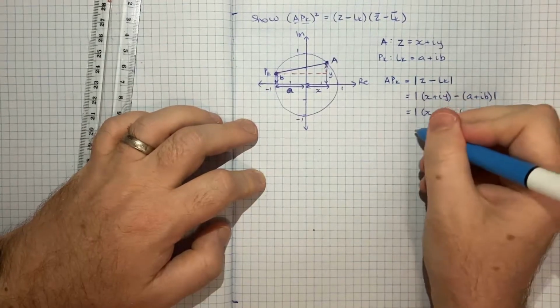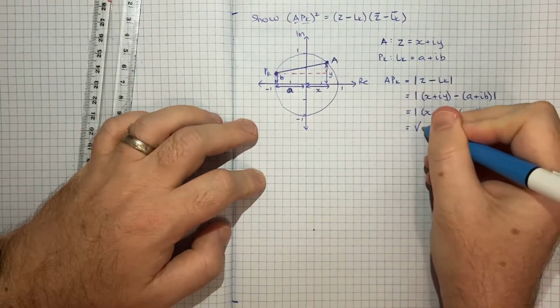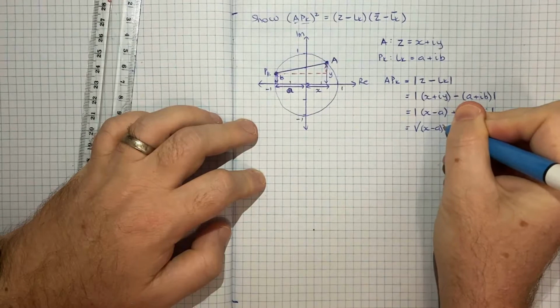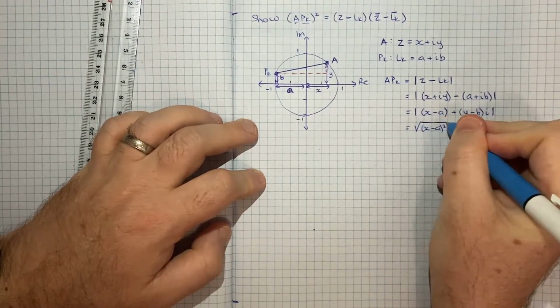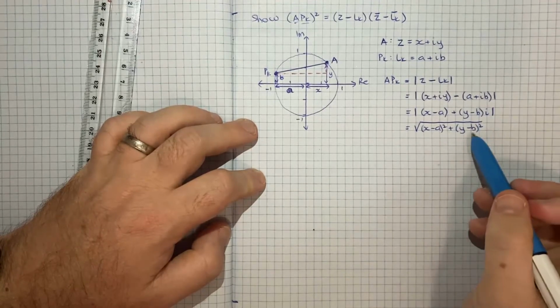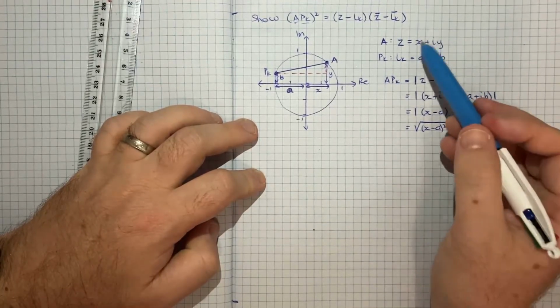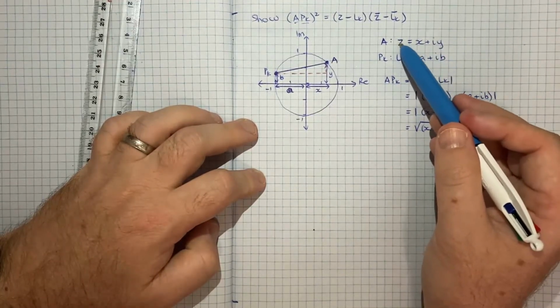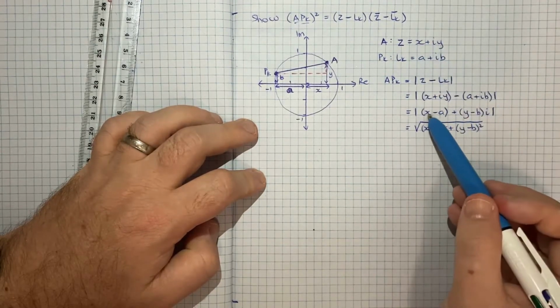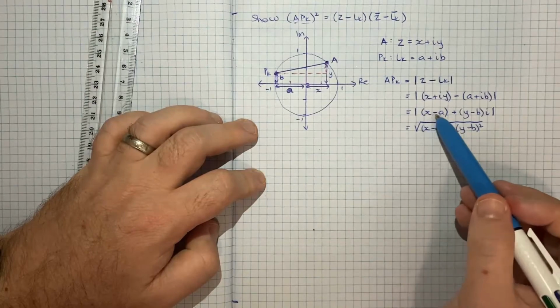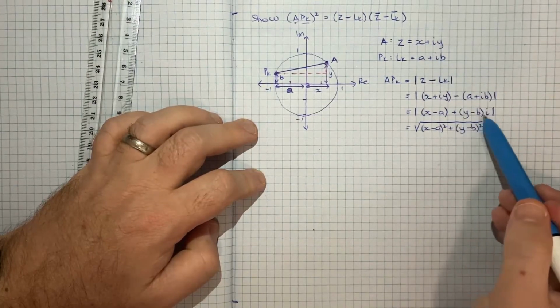And that, we know, is the square root of (x minus a) squared plus (y minus b) squared. That's because in general the modulus of a complex number is the square root of x squared plus y squared. Here, instead of x, we've just got x minus a, and instead of y, we've got y minus b.